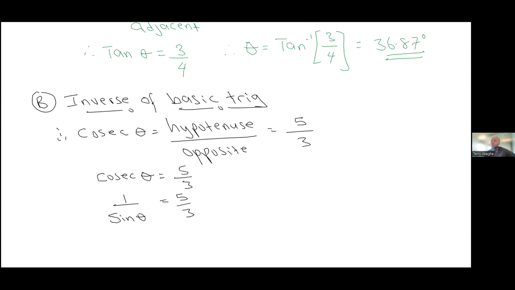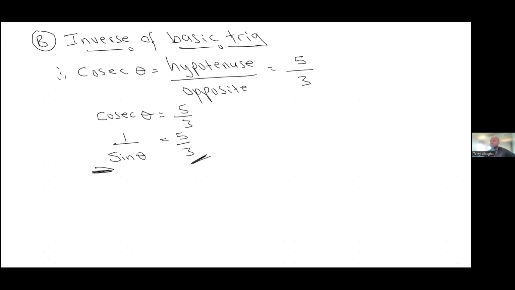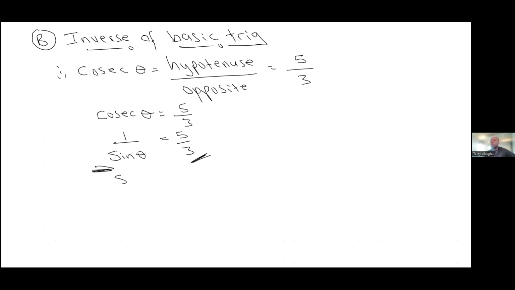Now, we're looking for theta. So the first thing I'm going to do is flip this side and flip this side. Flipping the 1 over sine theta on the left-hand side gives me sine theta divided by 1, and flipping this side gives me 3 divided by 5. But I'm looking for theta.